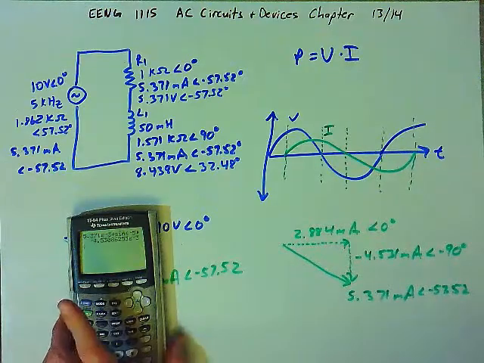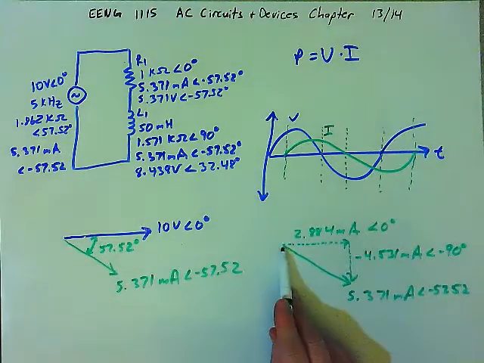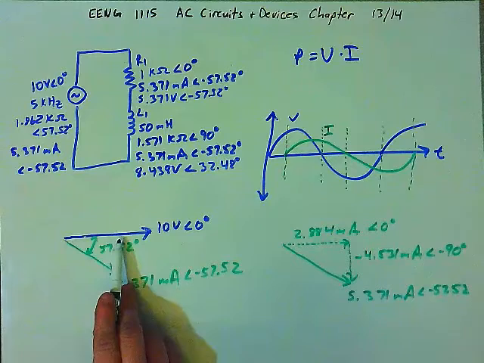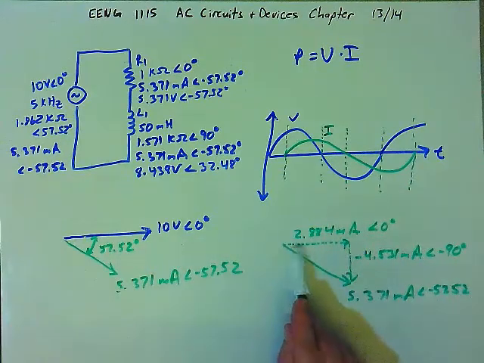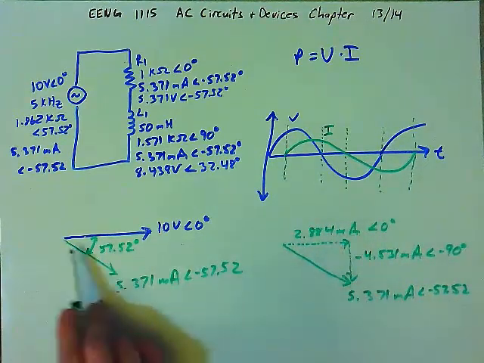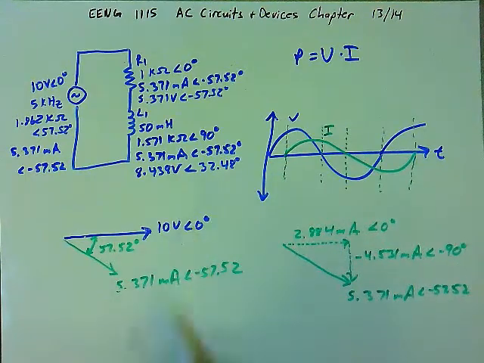So when we go to calculate the power, we only want to consider the part of the current vector that is perfectly in phase with the voltage. If we multiply this component of the current vector at 0 degrees times the voltage, which is at 0 degrees, we get what is called the true power.